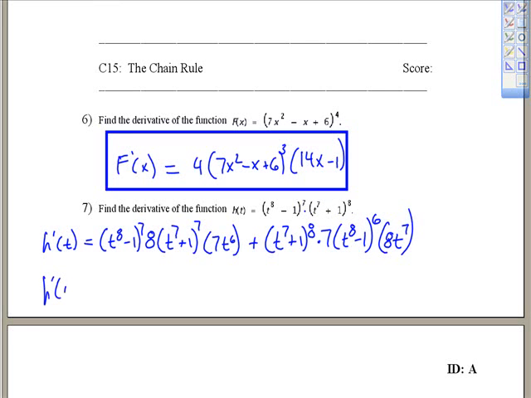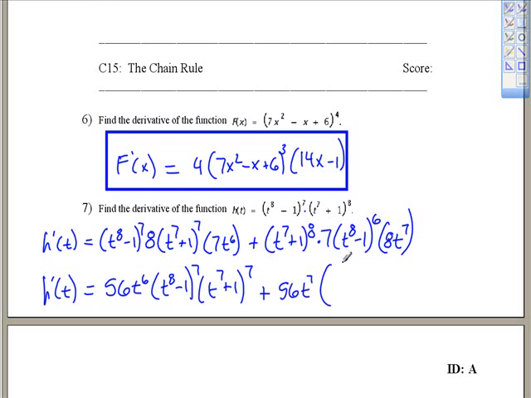H prime of t is equal to 8 times 7t to the 6th is 56t to the 6th. I have a t to the 8th minus 1 to the 7th, and I have a t to the 7th plus 1 to the 7th. Plus, I have 7 times 8 is 56t to the 7th. I have a t to the 8th minus 1 to the 6th, and I have a t to the 7th plus 1 to the 8th.